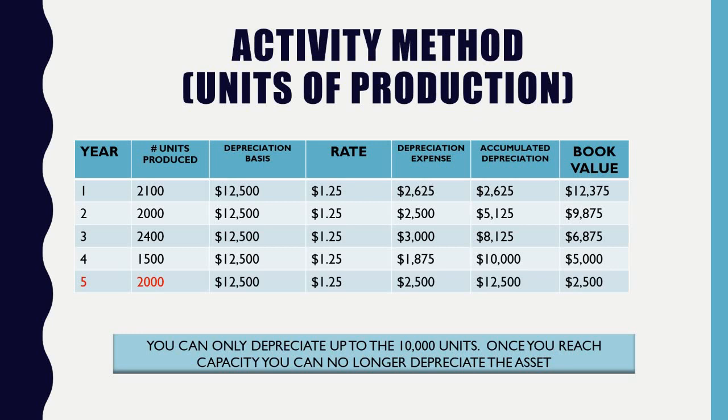You cannot fall below salvage value. And you cannot go beyond the capacity. So in this case, we would have to determine what the capacity is and then determine how many units I need to produce in order to meet my requirement amount. Okay? So, go ahead.